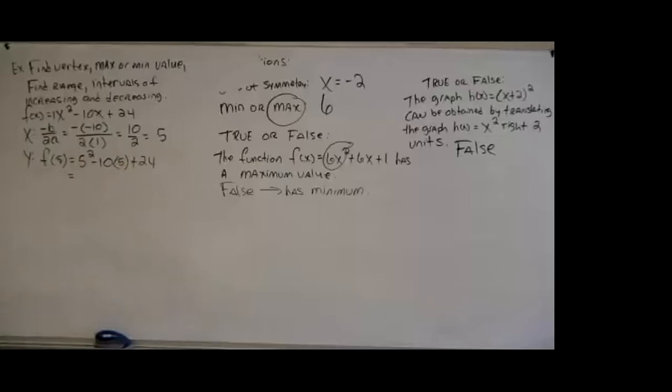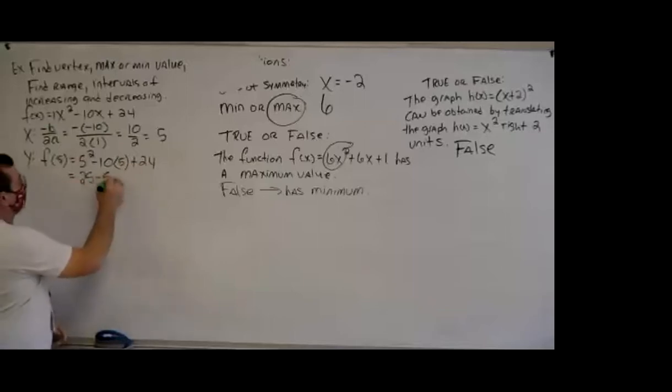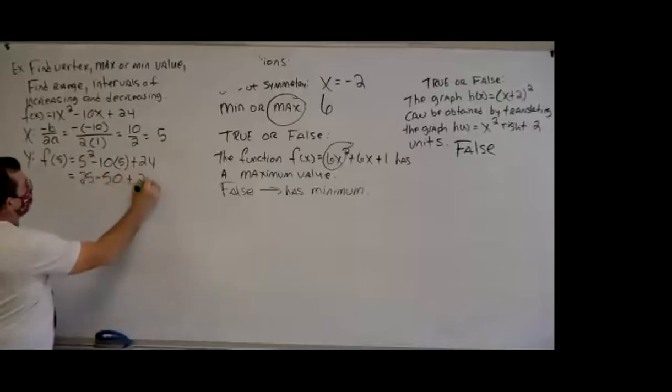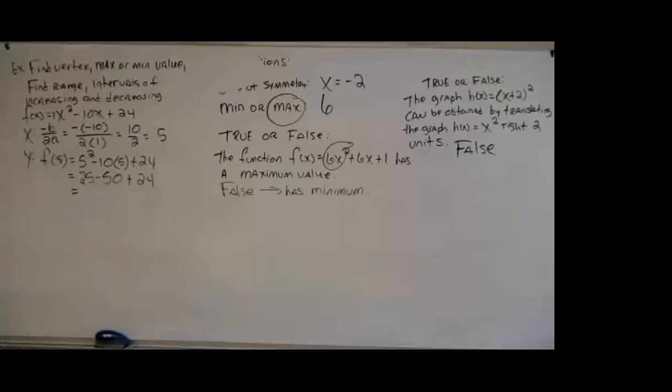All right, y'all, 5 squared is 25. Which means I don't even got to look at these numbers. If that's 25, I know this is automatically going to be 50. And then plus my 24. So let's see. 25 minus 50 is a negative 25. Negative 25 plus 24. Negative 1.